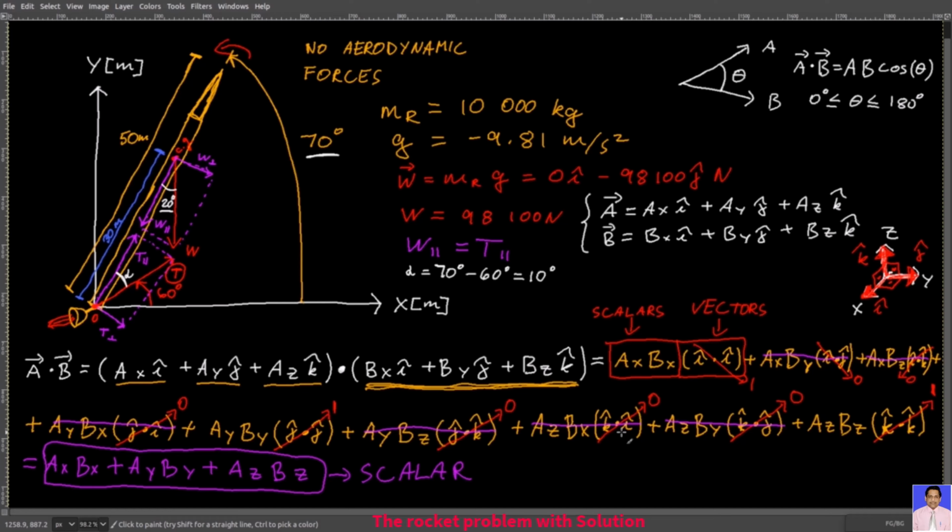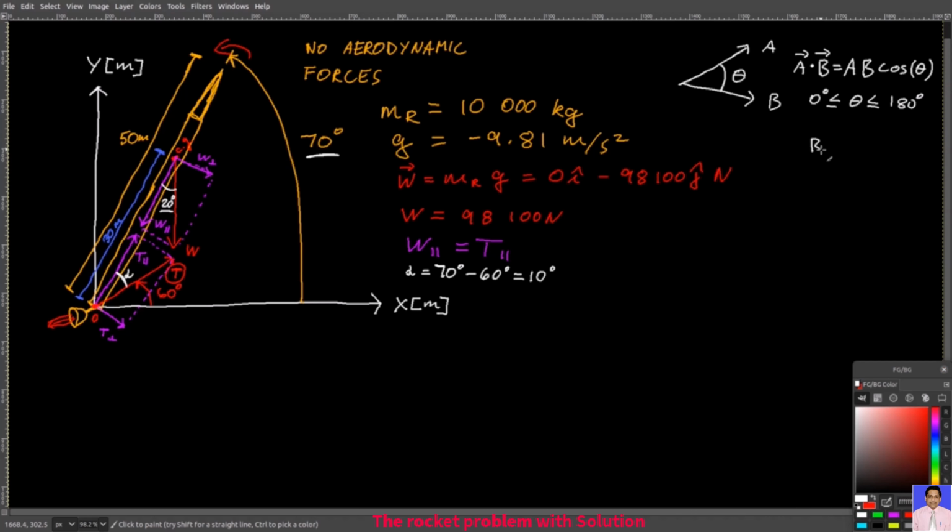And now you might ask, okay, that's all very nice, but how does it relate to statics and to this rocket example? Well, here's the thing. What if your B vector is some kind of general unit vector? So you have your A vector, and then you have your B vector, which is a general unit vector.